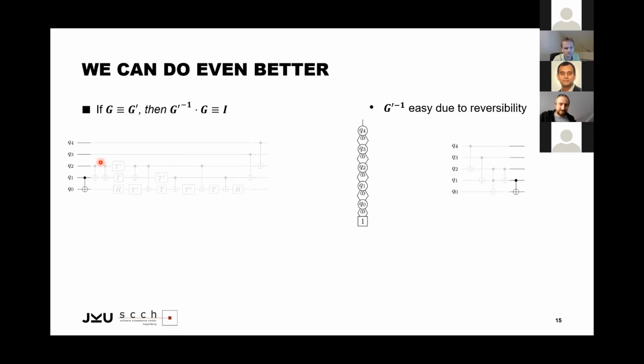If I multiply one gate from here and one gate from there, in a very particular fashion, I always stay very close to my identity. And by this, I can verify the equivalence of my two circuits in a very clever fashion. And now the question, of course, is, from where do I get this information, when to apply a gate from one side and when from the other side?